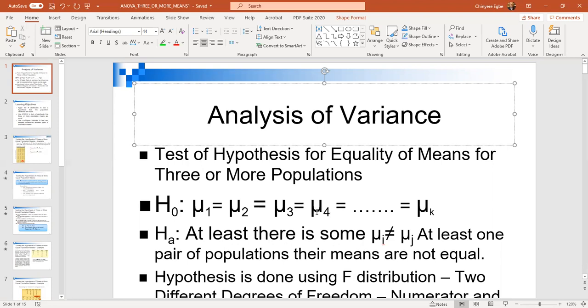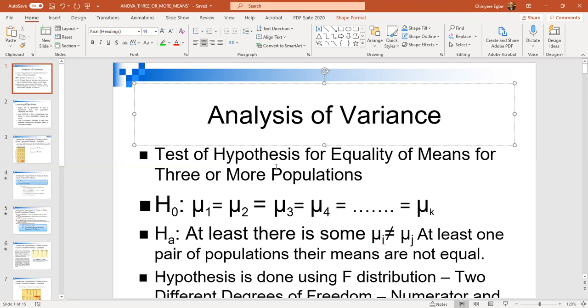So comparing Bed-Stuy in Brooklyn to Wicksville, and so on. So now the next stage in hypothesis testing for the equality of means is to look at three or more subpopulations. And we call that analysis of variance.